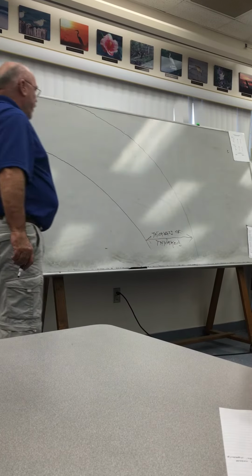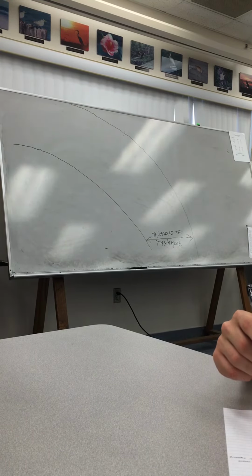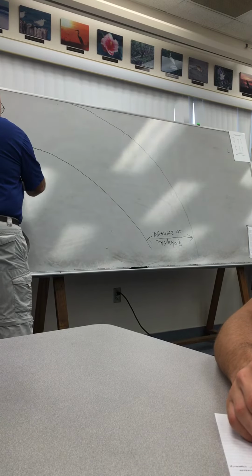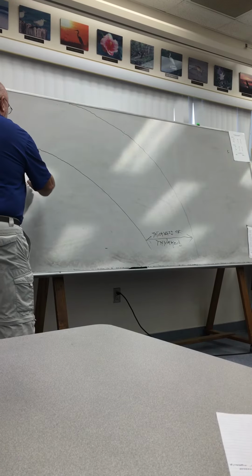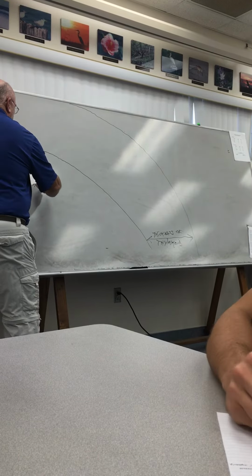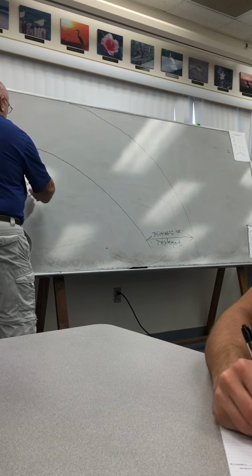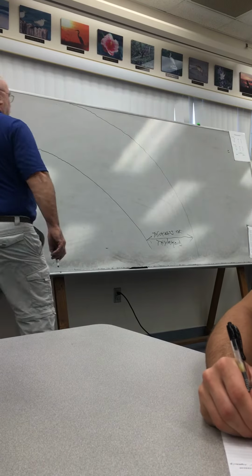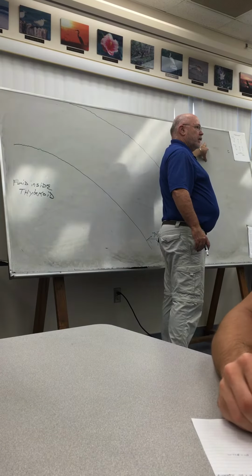And to orient you a little bit in terms of the bigger chloroplast, this fluid in here would be the fluid inside the thylakoid. And therefore, this fluid would be the stroma.